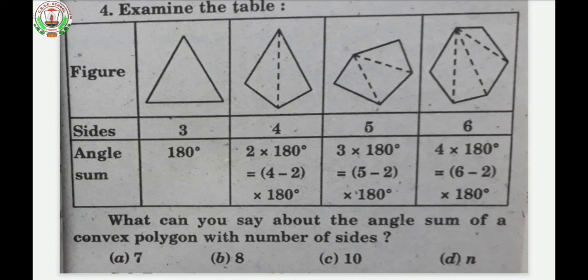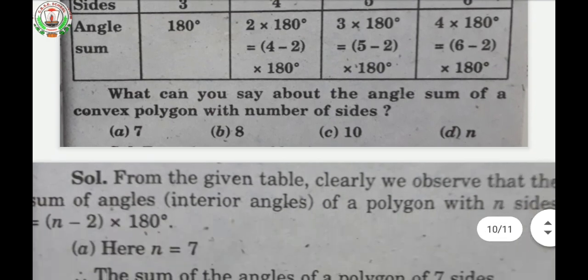That means you have to find the angle sums of a convex polygon having 7, 8, 10 and n sides. These are the numbers of sides of a convex polygon, and you have to find the angles. So look at the solution.